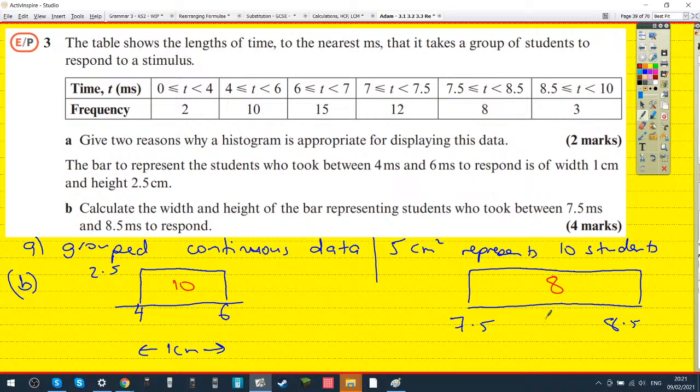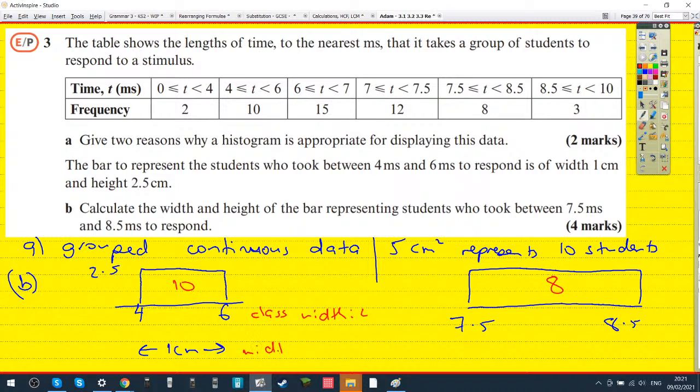So you do, no, sorry. This one has a class width of 2, but a width of 1. So this one has a class width of 1 and a width of 2. I believe it's the other way around. So this one, the class width is 2.